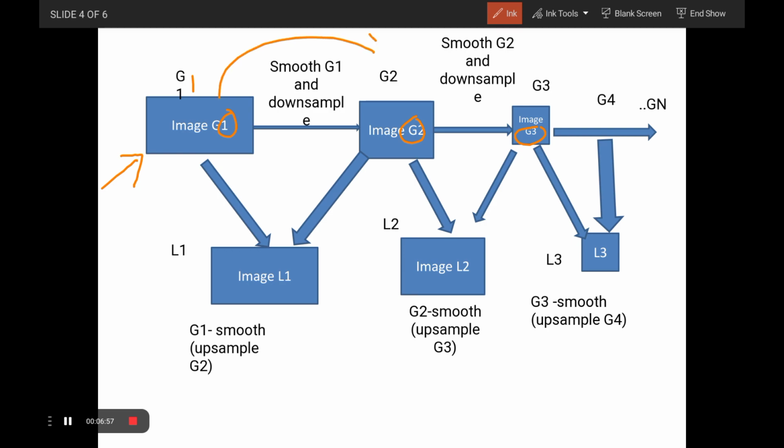Downsampling means that the size of the image decreases, so I have to differentiate the G1 and G2 images in terms of size. The same process follows: G2 is again smoothened and downsampled to get G3. It is a repetition process.